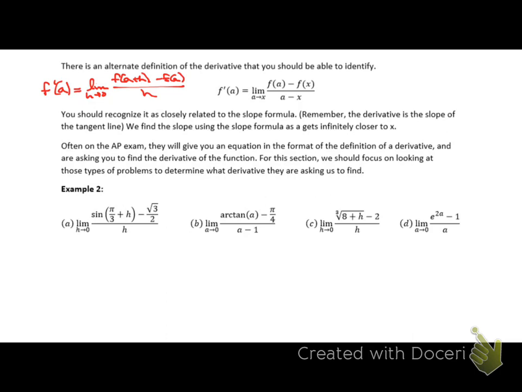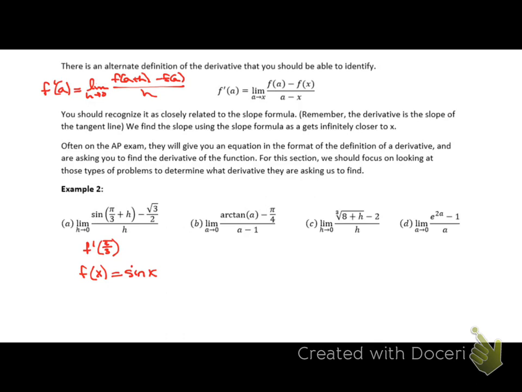So it's asking us to find f prime of pi over 3, where f of x is some function, which we can see. It's the sine of pi over 3 plus h, which means our function is just the sine of x, because pi over 3 plus h is plugged into f of x. So that's all we need to know for now. Later on, I will actually have you take the derivative and plug things in. But we don't know shortcuts for trig functions yet, so we'll get there.